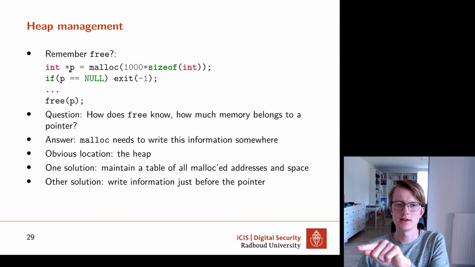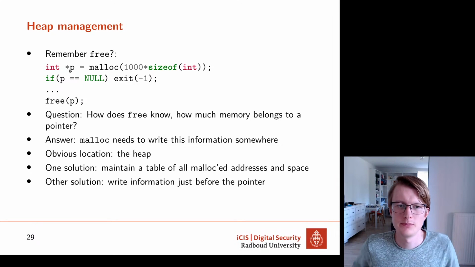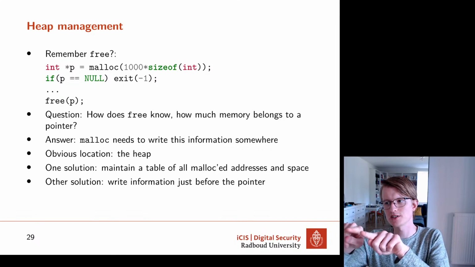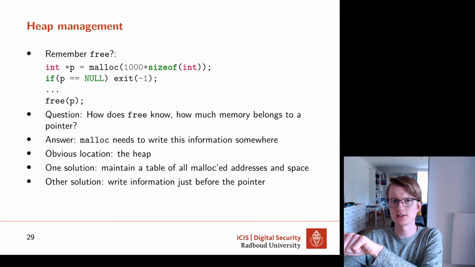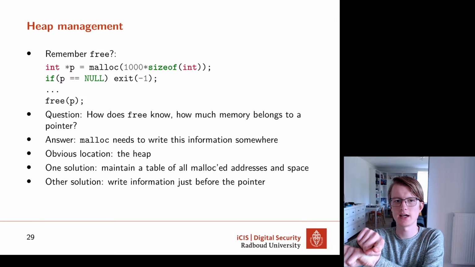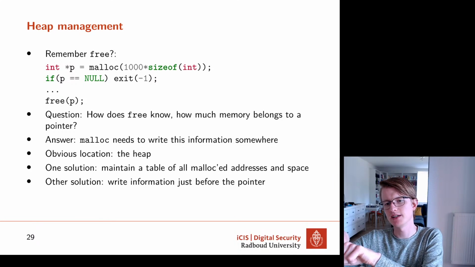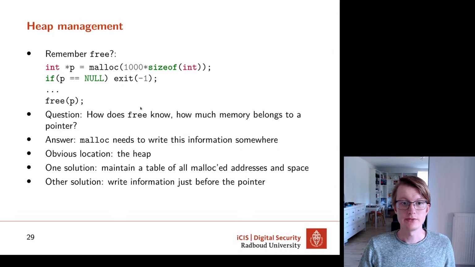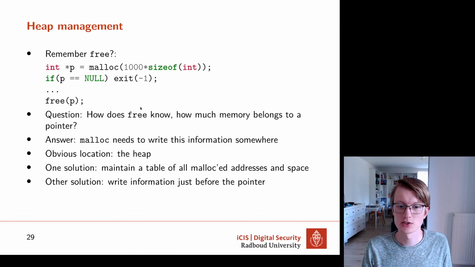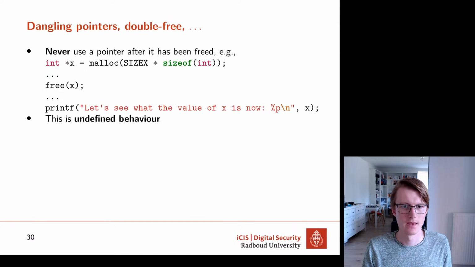Then the int star p points to this buffer 8 bytes in. And then what free does is simply minus size of size t, reads how many bytes it is, and then frees the entire space. It's a very neat trick. It's easy to see that it works and how this works, and it is actually how this is implemented, in my understanding. We've abused it in an exercise before.